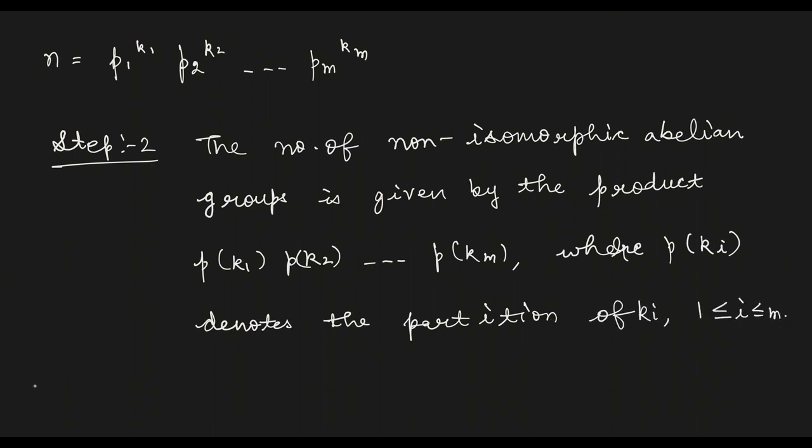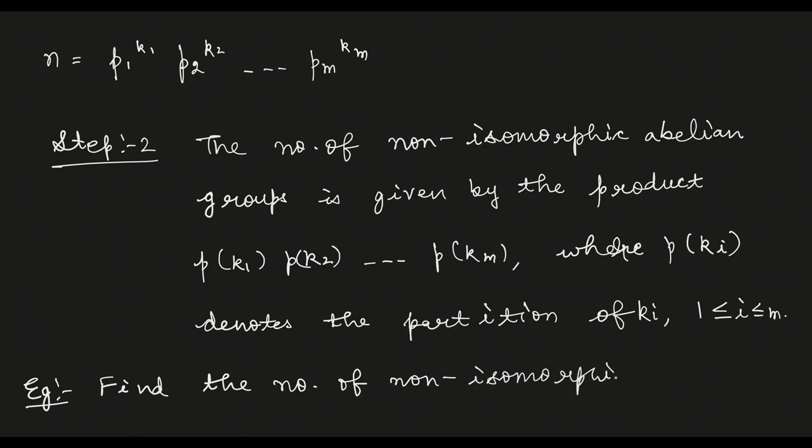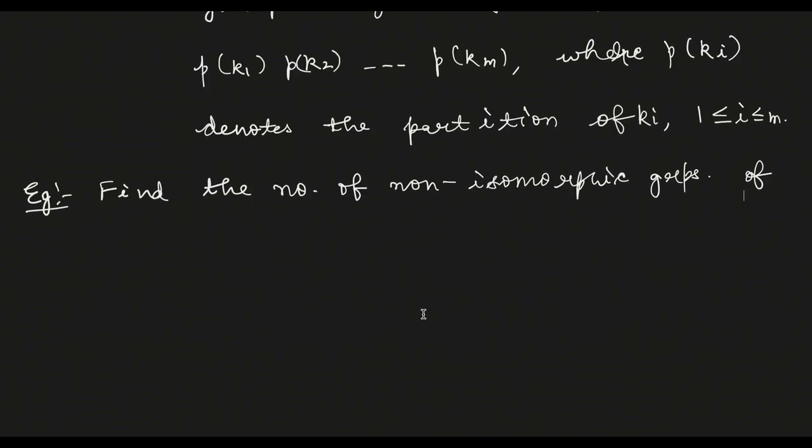For example, find the number of non-isomorphic abelian groups of order 100.